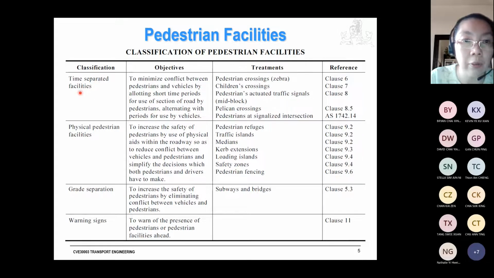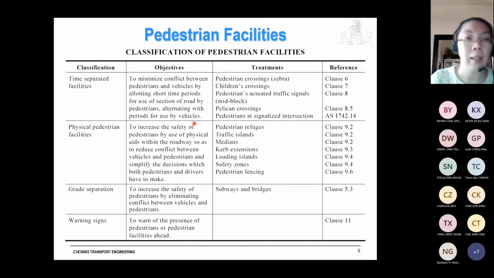So time-separated facilities means the objective is to minimize conflict between pedestrians and vehicles by allotting short time periods for use of a section of road by pedestrians, alternating with periods for use by vehicles.